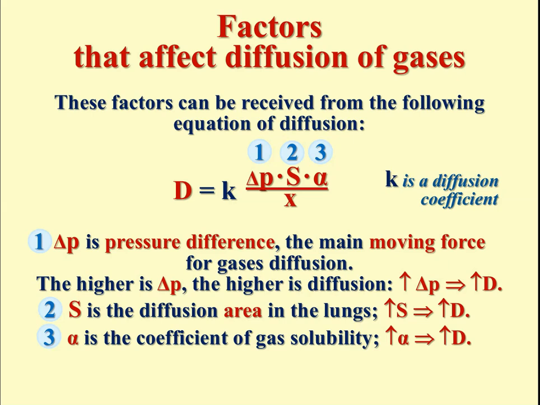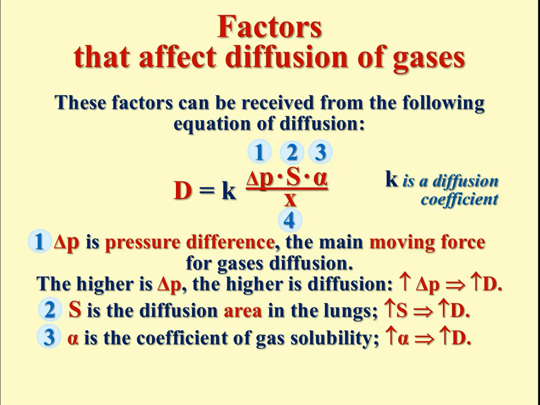So you remember that the gradient for CO2 is only 6 as compared to oxygen. The oxygen gradient is 60 millimeters mercury. But nevertheless, the diffusion of CO2 is completed even earlier than oxygen because the solubility coefficient is great and CO2 easily passes through all the membranes and vascular walls.